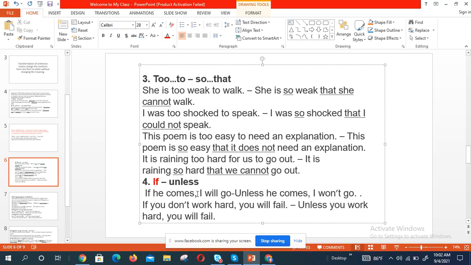So if you get if in your affirmative sentence and want to make it negative, you have to use unless.